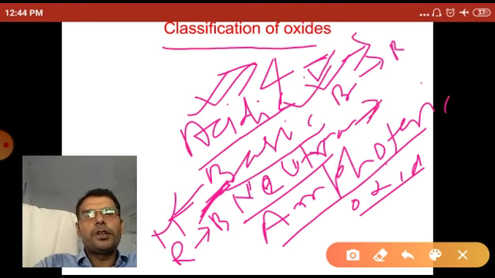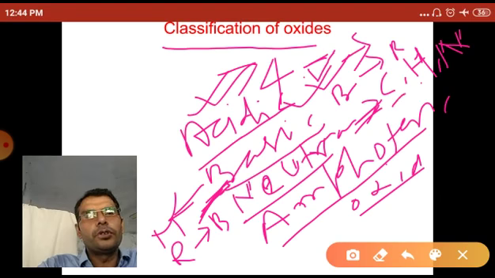Some oxides of non-metals such as carbon, hydrogen, nitrogen are neutral oxides, such as CO, H2O, NO. Neutral oxides do not give any color change with litmus paper, that means with red litmus paper or blue litmus paper.